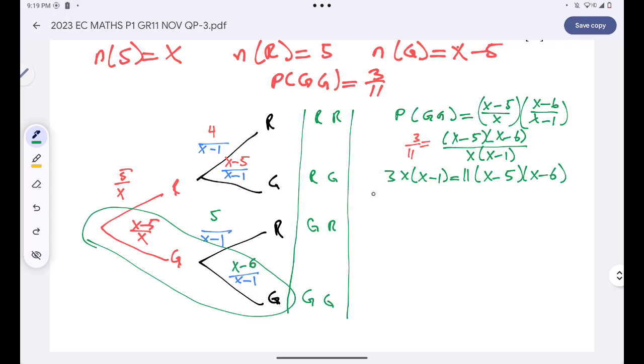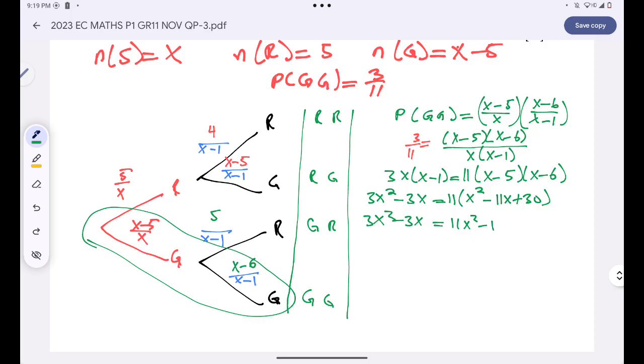On the left hand side, I will have 3x squared minus 3x. On the right hand side, I will have 11 times x squared minus 11x plus 30. This will give me 3x squared minus 3x is equal to 11x squared minus 11 times 11, isn't it 121?